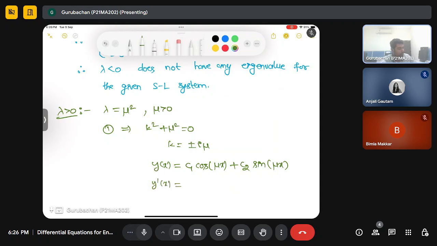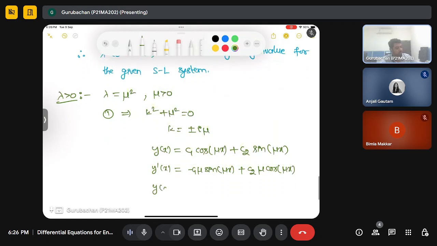Its derivative will be minus C1 mu sin mu x plus C2 mu cos mu x. We have been given y(0) is 0. So this will imply that C1 is 0.